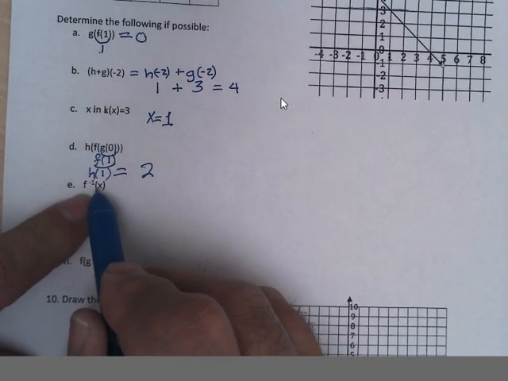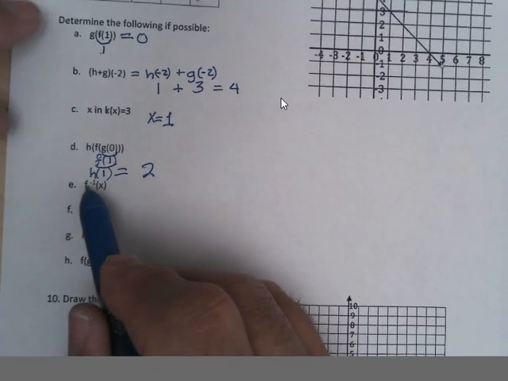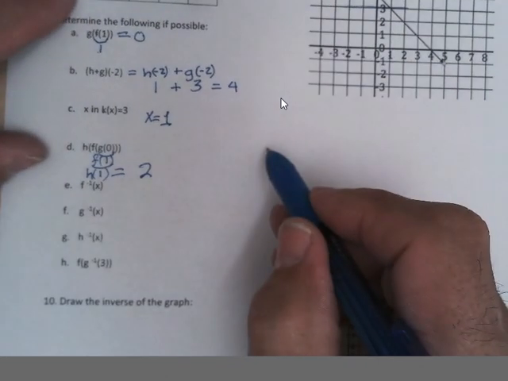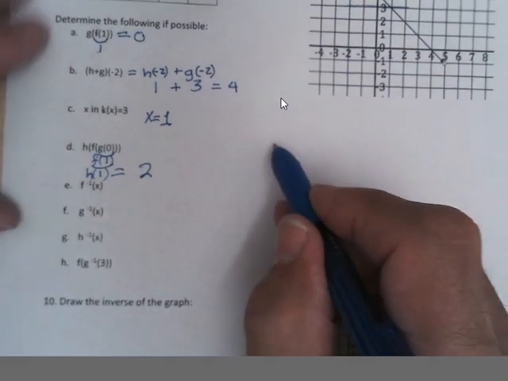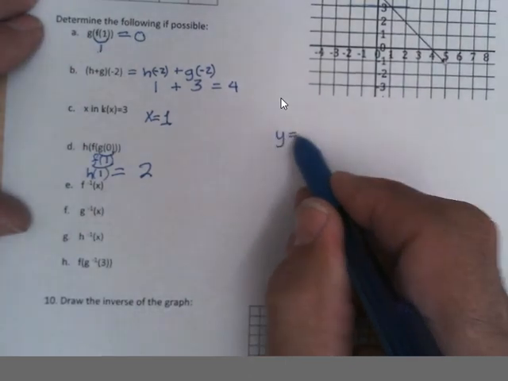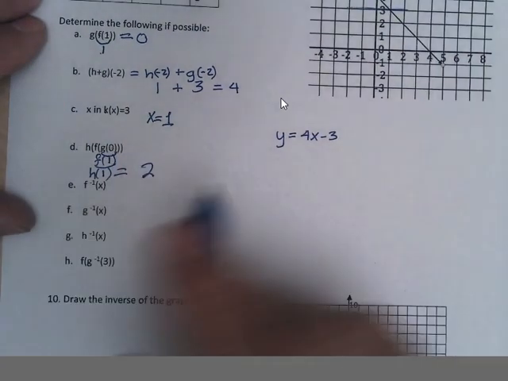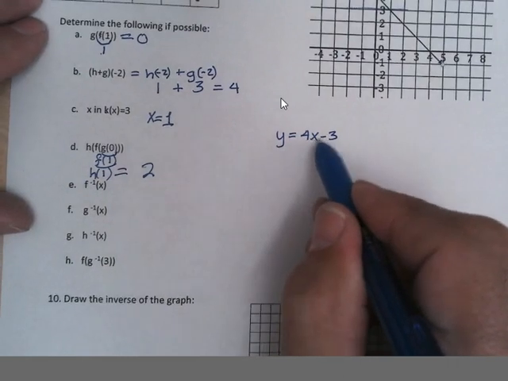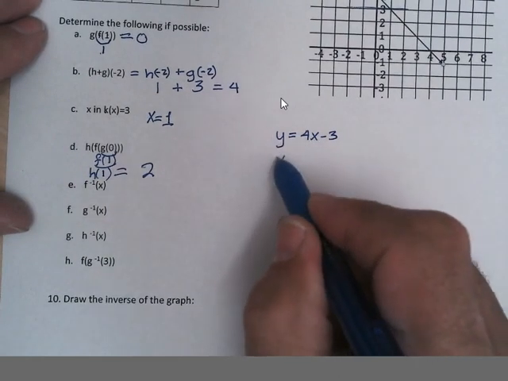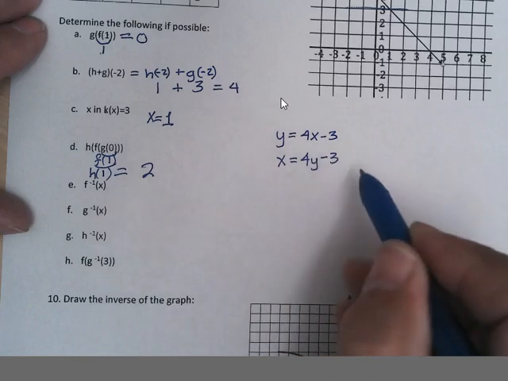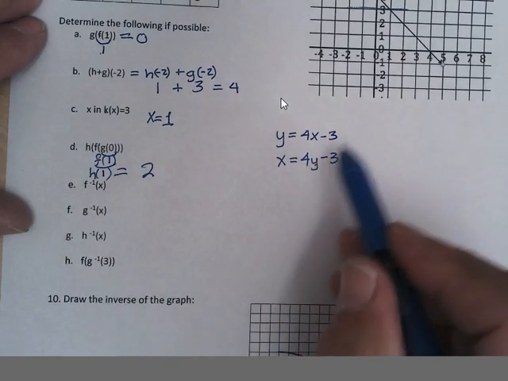So now it says find the inverse of f. So that's when you take and switch. This is the y, it's like y equals 4x minus 3, and we want it to go backwards, so we want to switch the x and y. So we're going to write x equals 4y minus 3, and then solve for y.